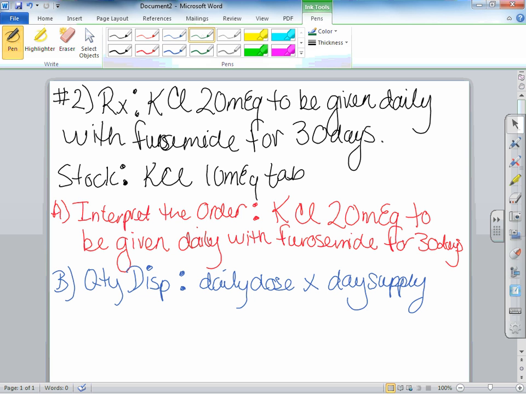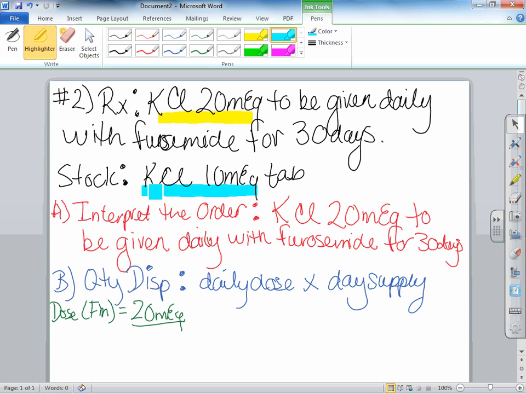Well, let's calculate the dose. In order to calculate the dose, you either use the formula method or the ratio proportion method. So I'm going to use the formula method where I take the dose ordered. The dose ordered is what? 20 milliequivalents. The dose available is 10 milliequivalents.